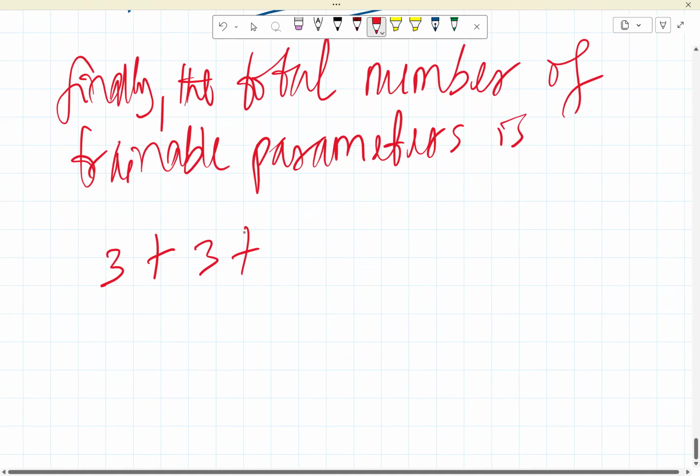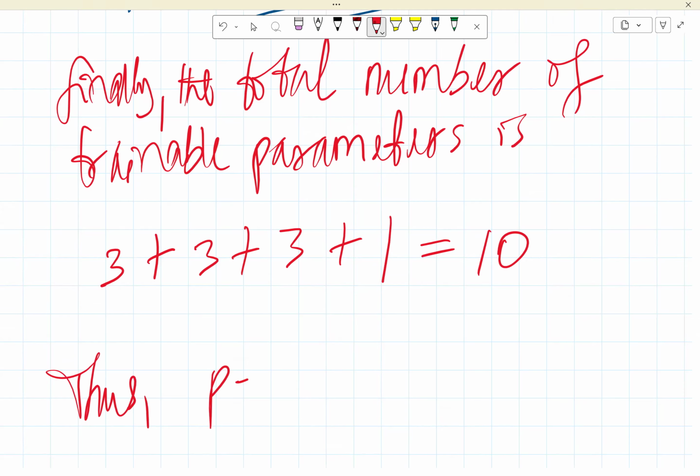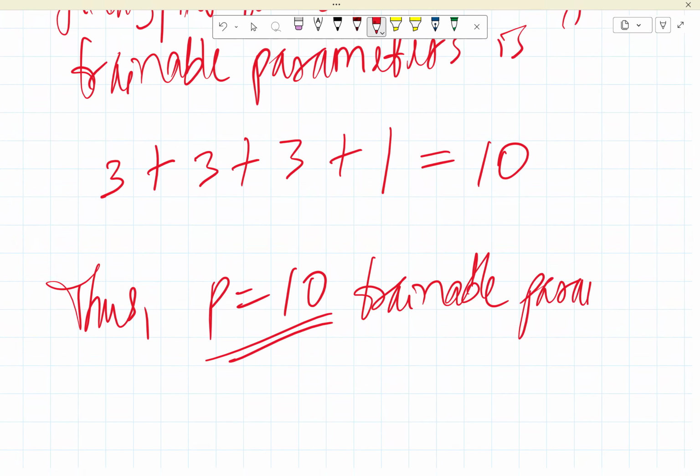Then we have three output weights plus one output bias. So all of that will be equal to 10. Thus, we have 10 trainable parameters in that case. So P equals 10 trainable parameters, like that.